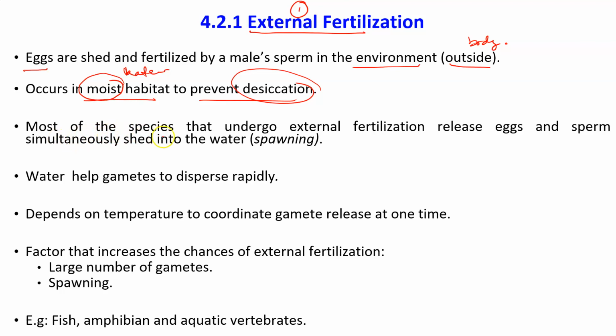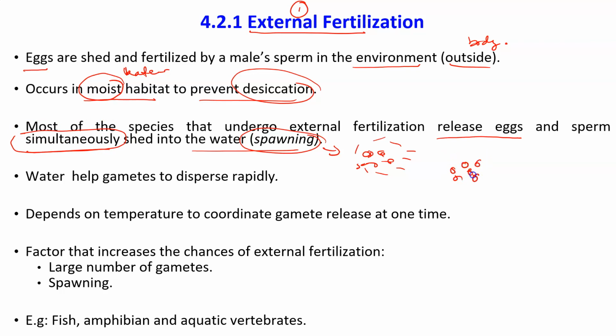So most of the species that undergo external fertilization release eggs and sperm simultaneously into the water. This is what we call spawning. Spawning is the release of eggs and sperm at the same time. But although it is said simultaneously, the eggs will be released first, then followed by sperm.